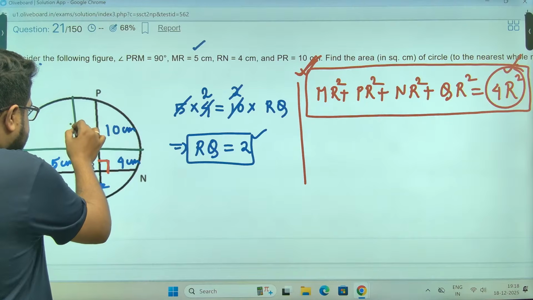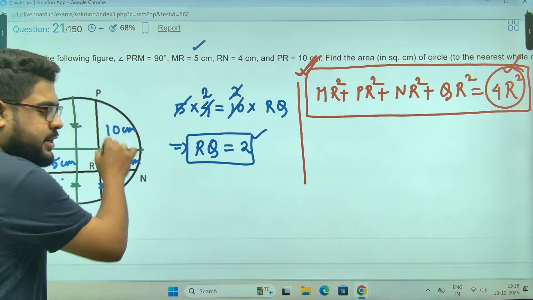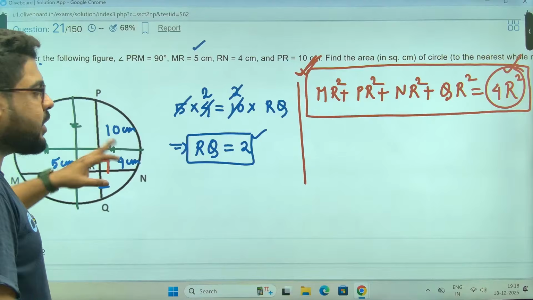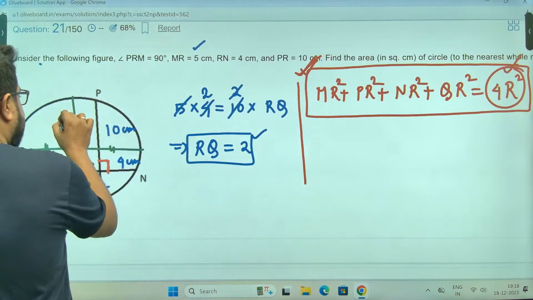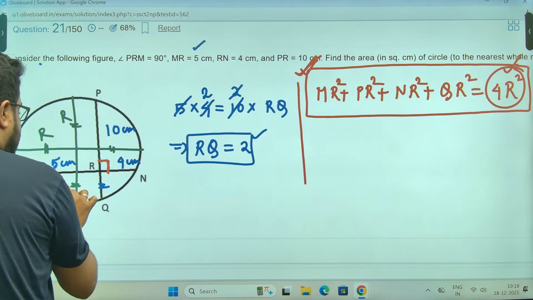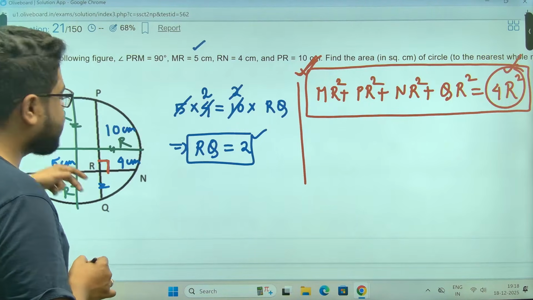Then all these 4 segments are equal, sir. But here the segments are not equal. Here they are equal, and they are equal to R, R, R, R. If you take them, R square, R square, R square, R square.